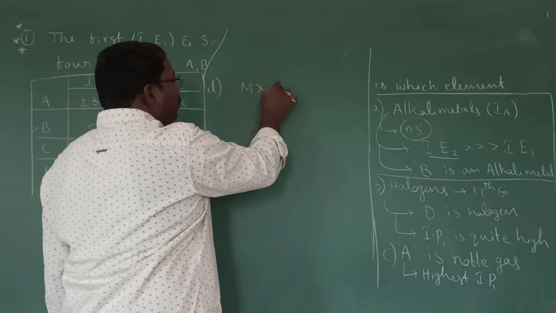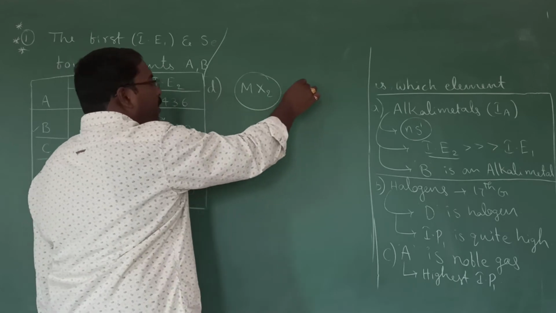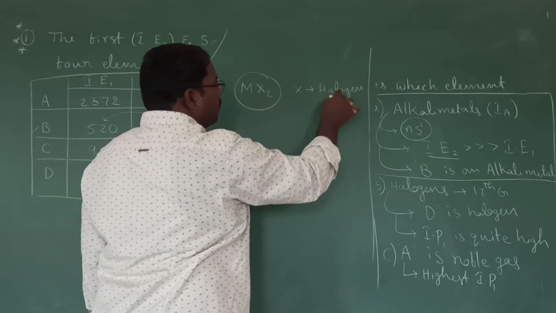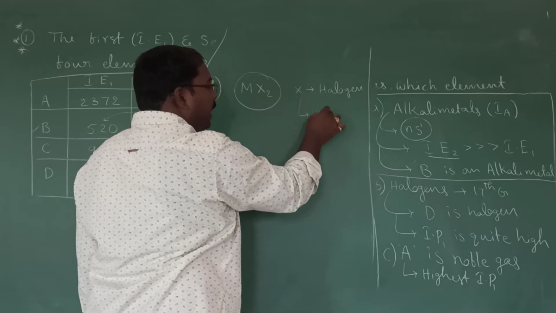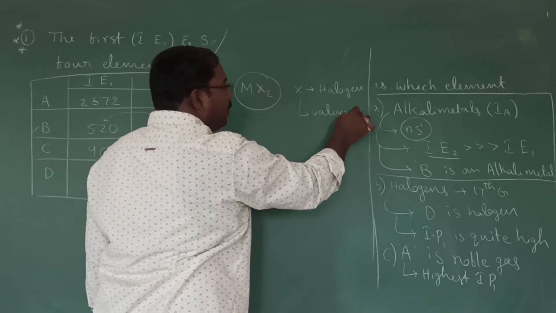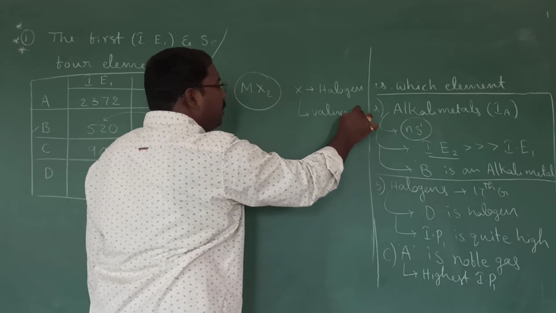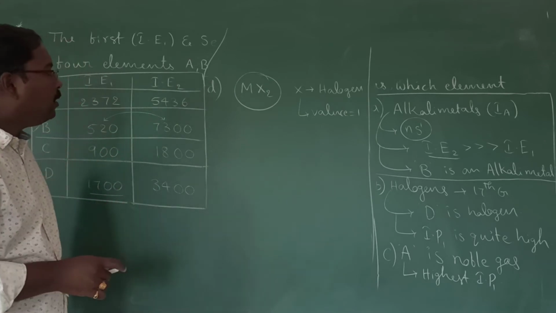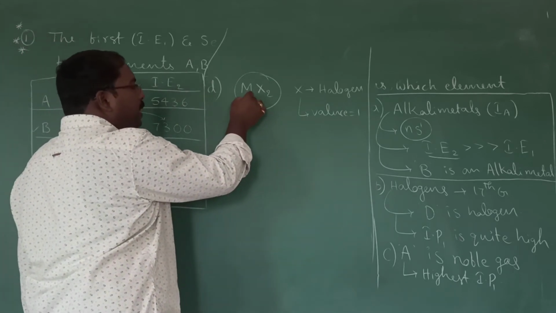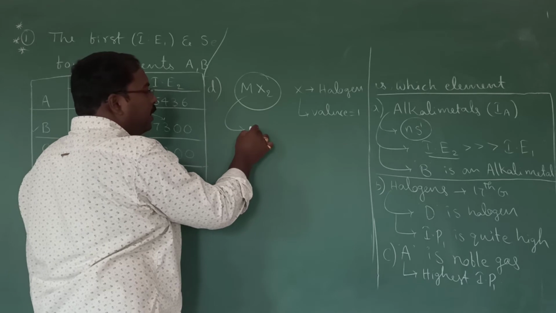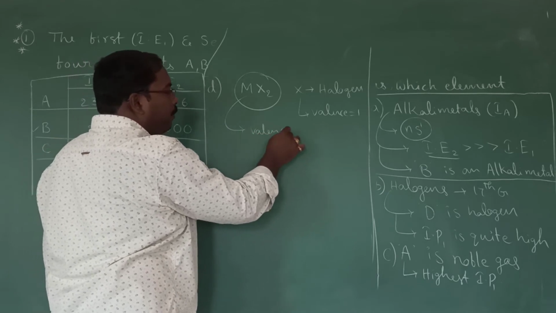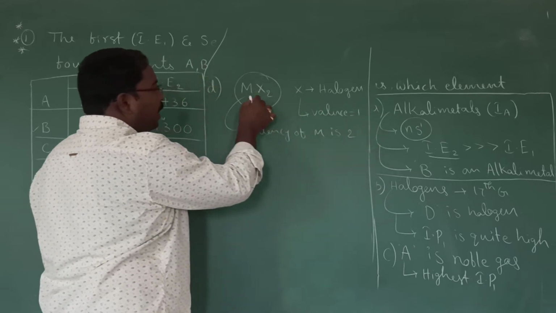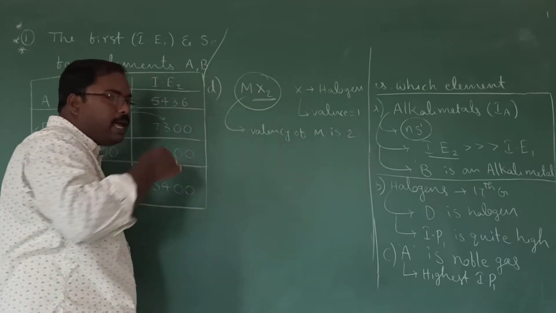MX2 type of binary halide is forming. Where X means what? Halogen. So the valency of halogens is 1. So what is the valency of the metal? From here it is clear. The valency of the metal is 2. Then only it forms a halide of formula MX2.